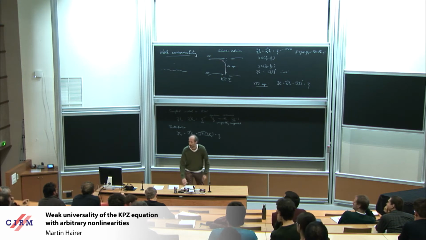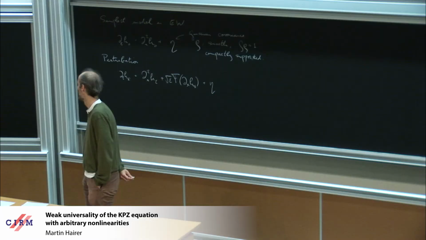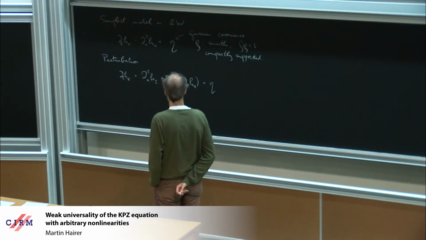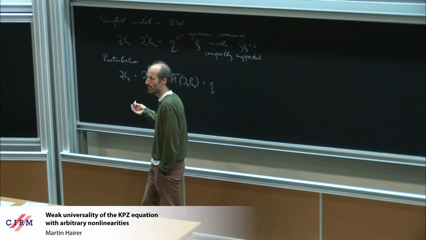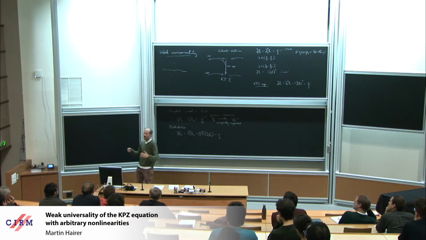Is there a reason that the perturbation has to depend only on the x derivative of h, or could you have something else? Okay, you could add a perturbation that depends on h also. It's not terribly natural. If you think of some sort of interface model like this, it's a stationary interface model.